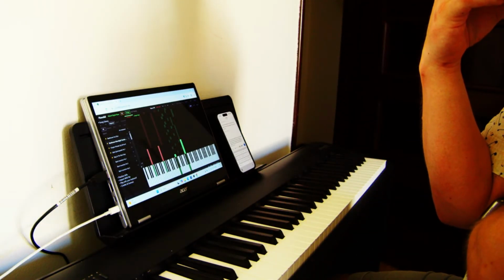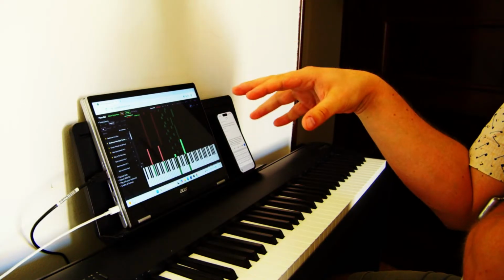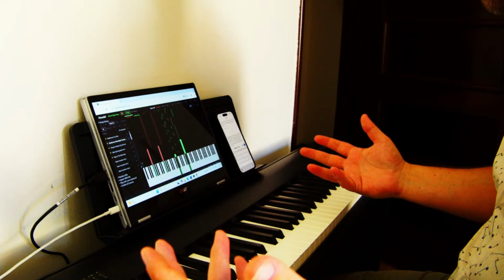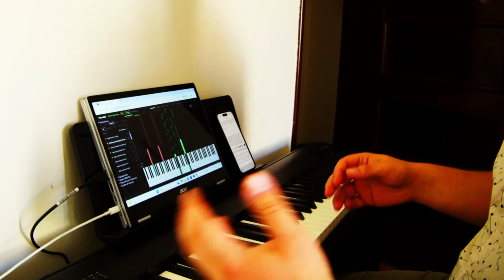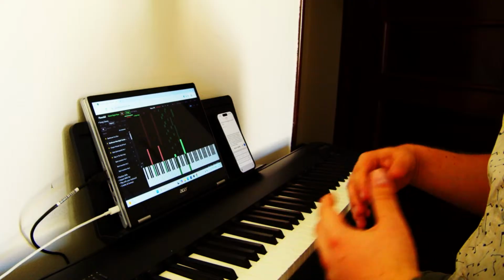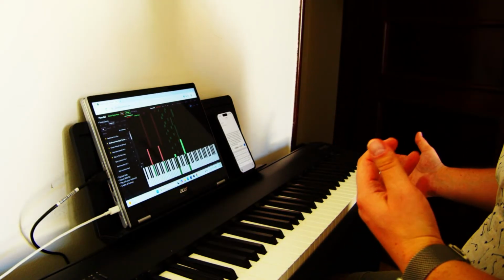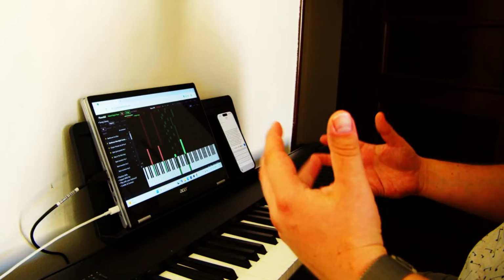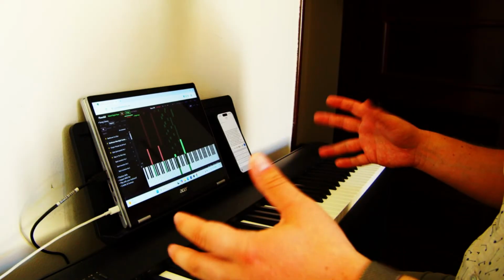To explain the issue, sometimes I'm playing and I'm in a flow, and I hit a wrong note or I do something wrong. But I do want to continue with the play, right? It doesn't have to be 100% correct, because else any mistake stops the user, gets the user out of that flow.